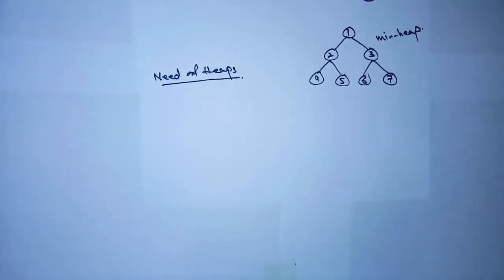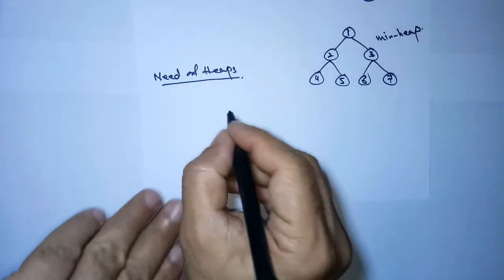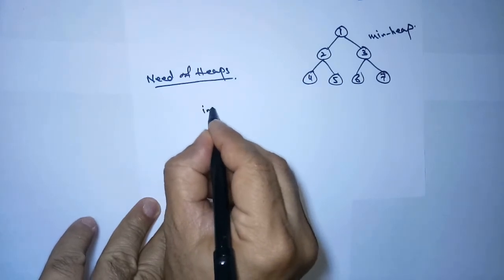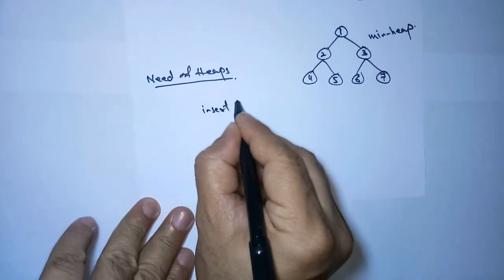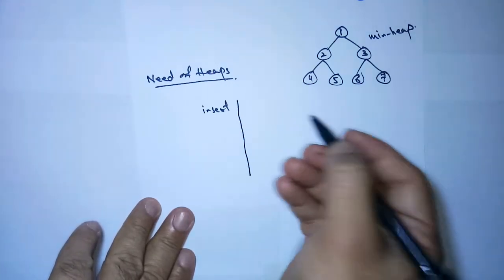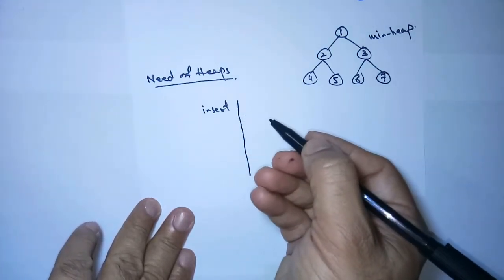So an efficient data structure is required. Let me say I want to perform some operations. For example, I want to insert some element, and I need to select the data structure for that.